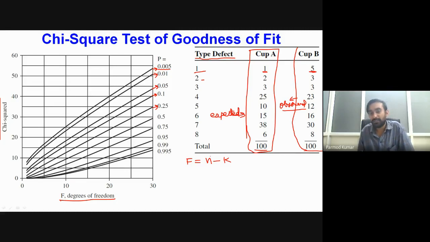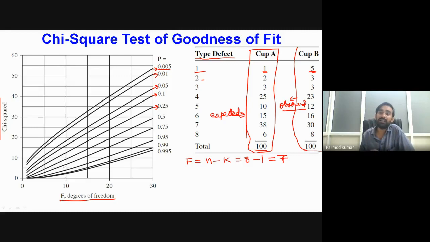So my value of n is equal to 8, and k represents the number of constraints. Here the only constraint is that the total number of cups in a sample is 100. So that's why 1 is our constraint, and from here we get the value of f as equal to 7.